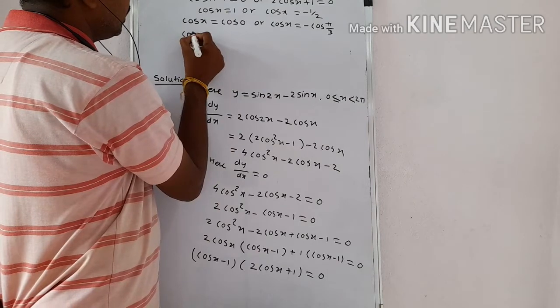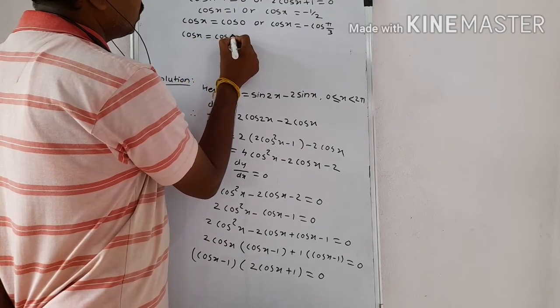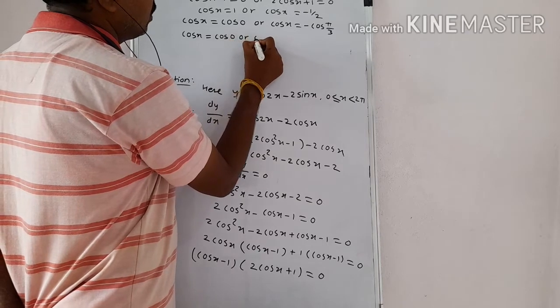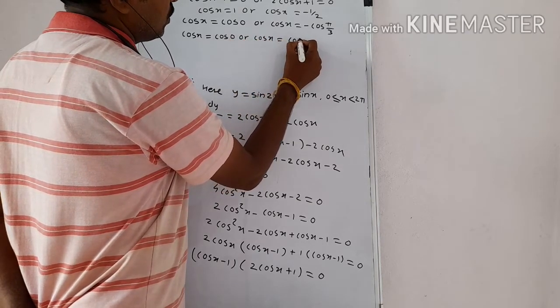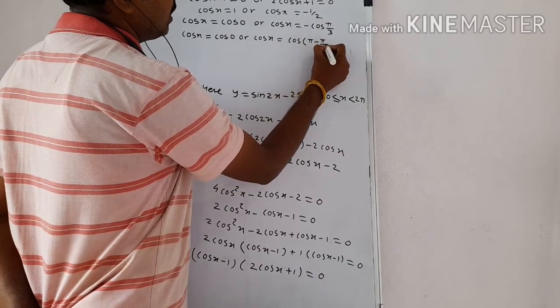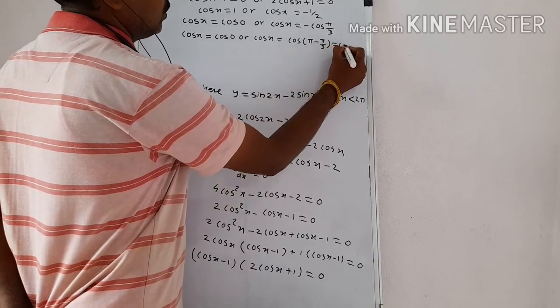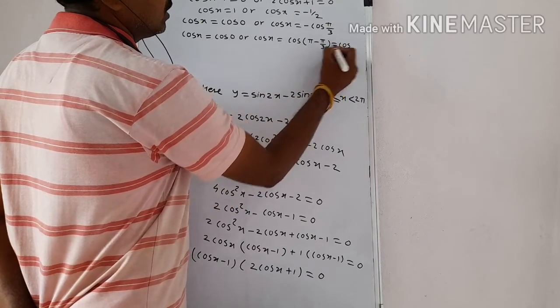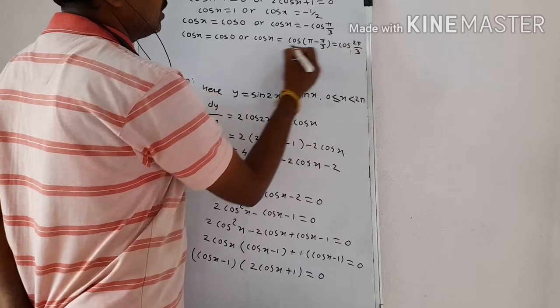Therefore we have to write here as cos x equal to cos 0, or cos x equal to cos of pi minus pi by 3 in second quadrant, which is equal to cos of 2 pi by 3.